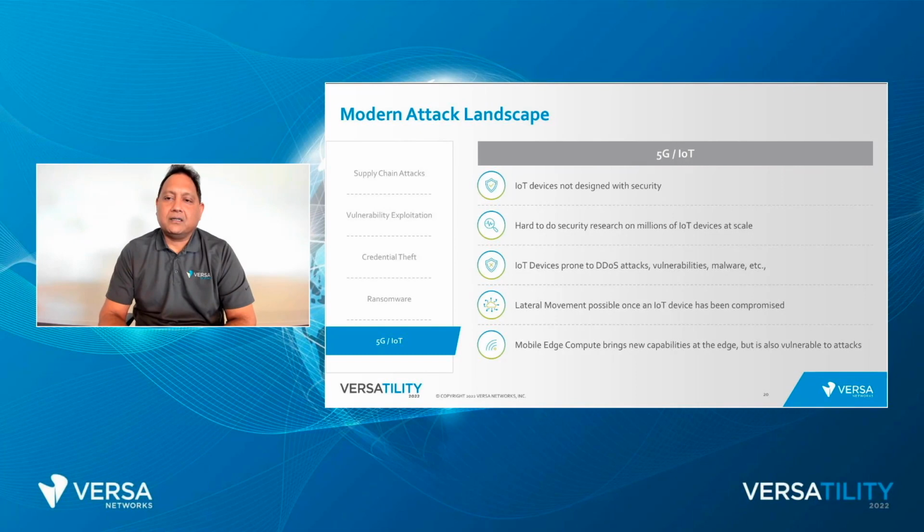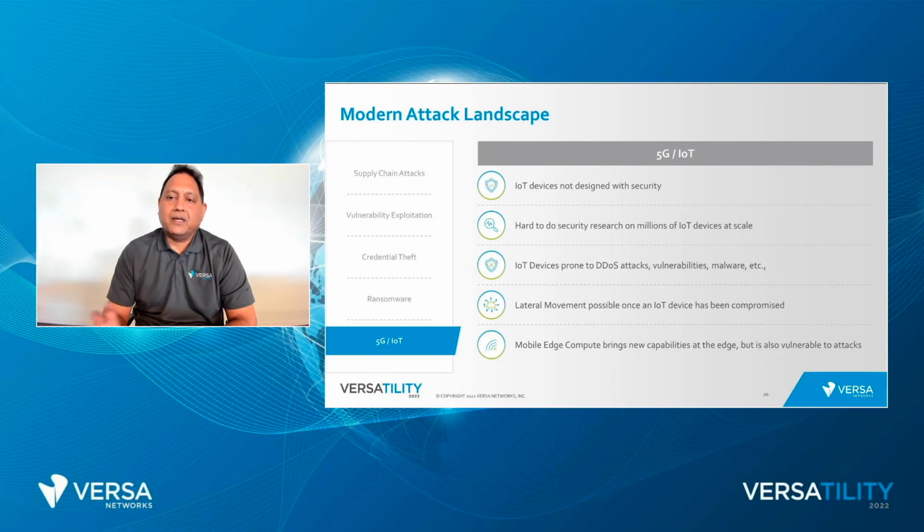Another technology that 5G brings to bear, as service providers roll out these 5G networks, is a new technology called mobile edge compute, which is a compute resource on which a workload can be run at the edge of the network. If that is compromised and taken over by attackers, then just with the compute power available on an IoT device, they were able to launch a 300 gigabits per second denial of service attack.